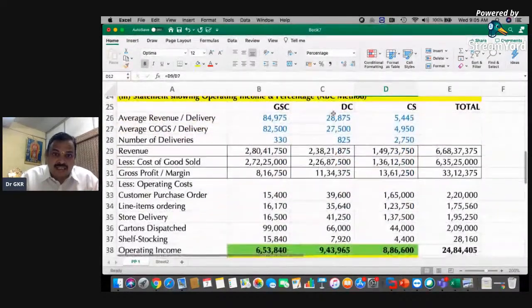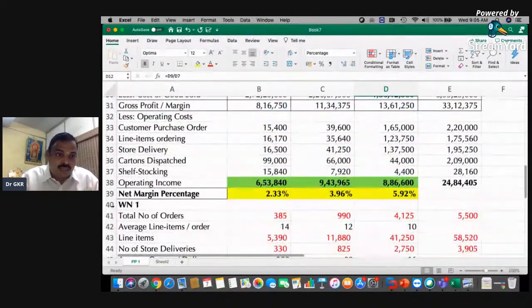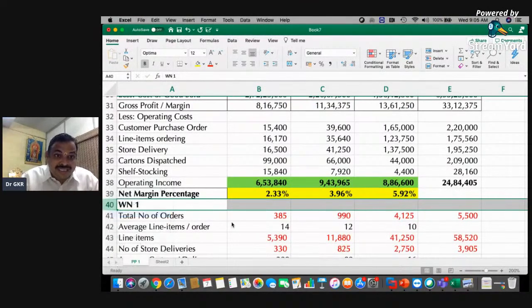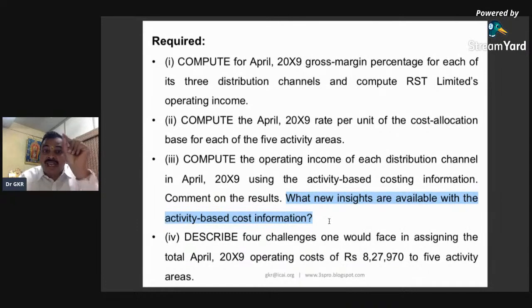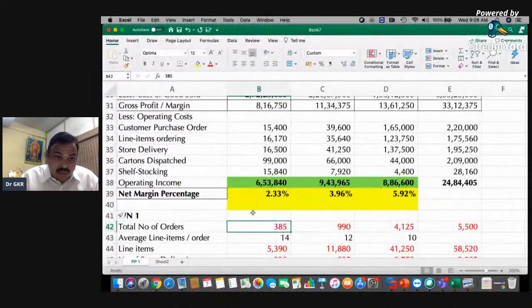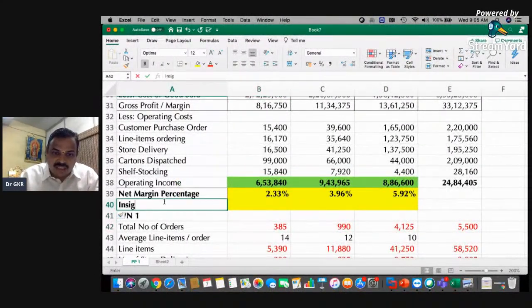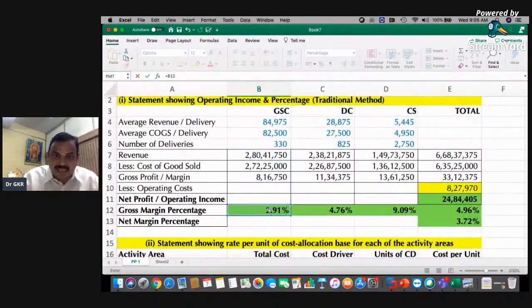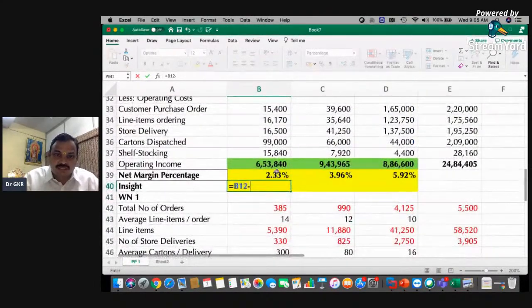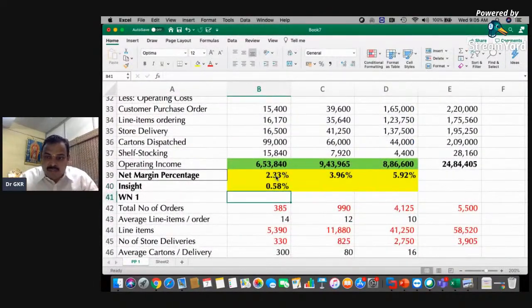And here I'll just subtract this so that you will get the insight. What is the question? What new insight is available with the activity based cost information? Please, very important. This is the insight. Look at this: your gross margin minus net margin. I am spending 0.58 on operating cost.